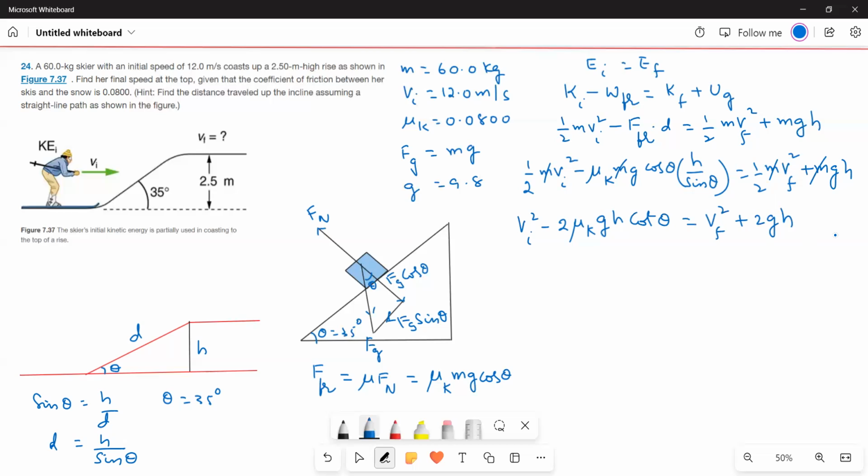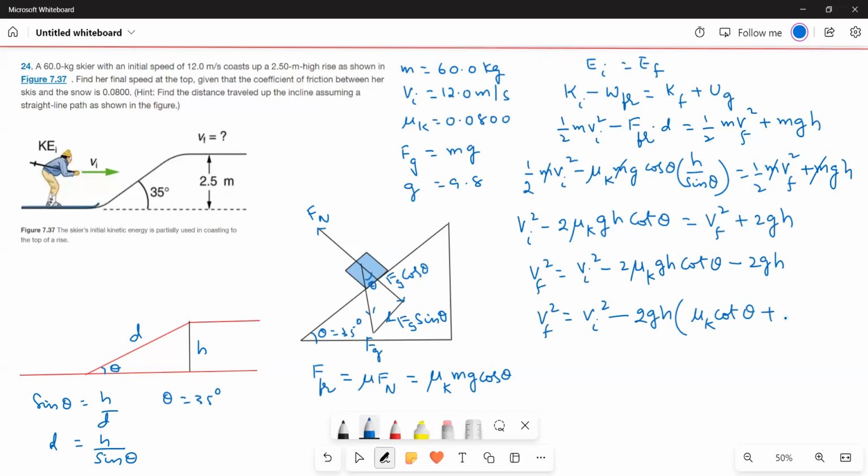Taking 2gh to this side, vf square is equal to vi square minus 2 mu k gh cot theta minus 2gh. Taking 2gh outside, vf square is equal to vi square minus 2gh times mu k cot theta plus 1.